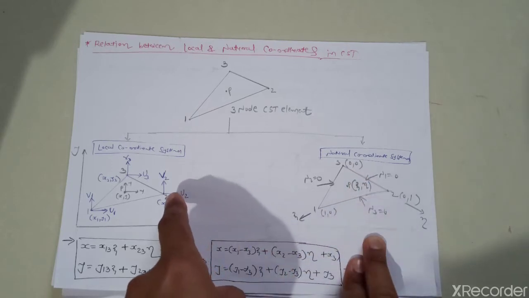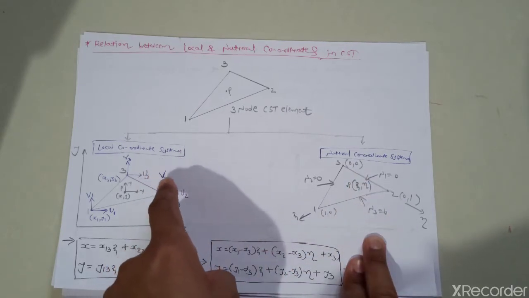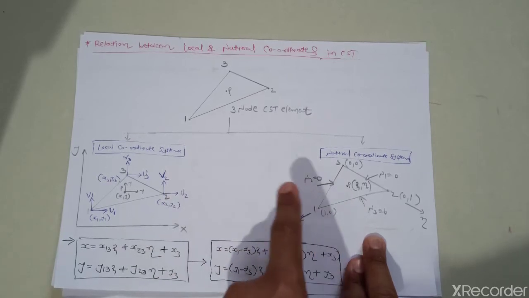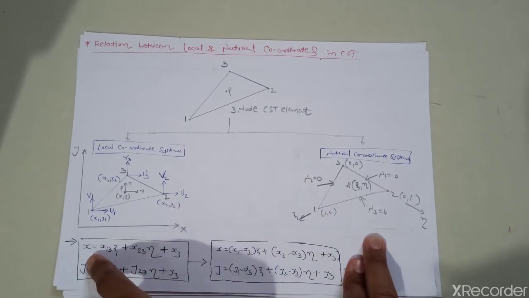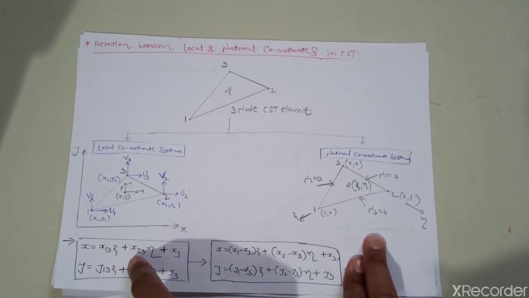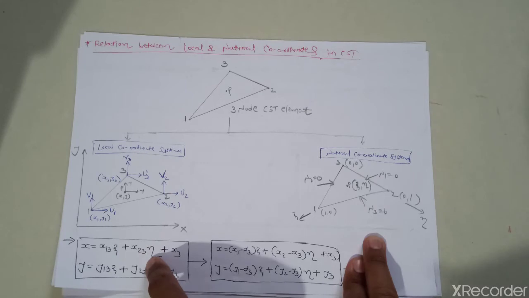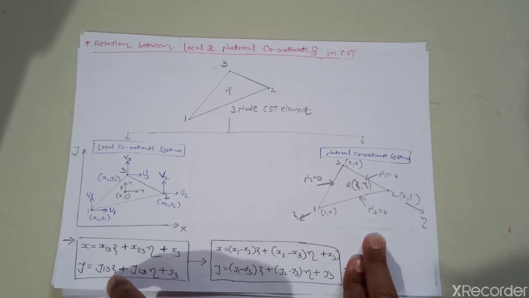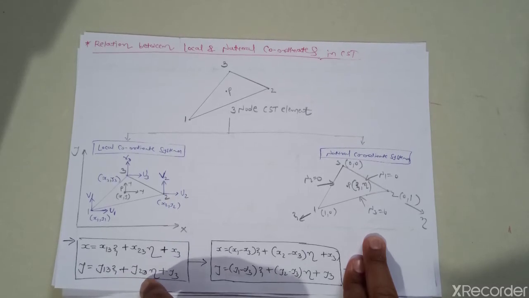Now if we derive the relation between the local coordinate system and the natural coordinate system, we get the equations x is equal to x13 zeta plus x23 eta plus x3, and y is equal to y13 zeta plus y23 eta plus y3.